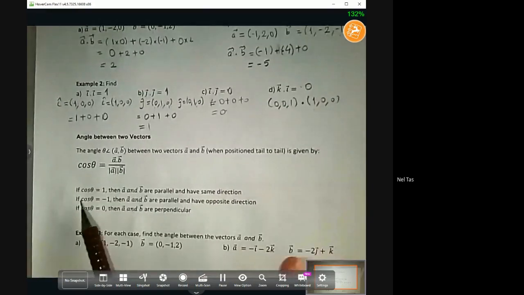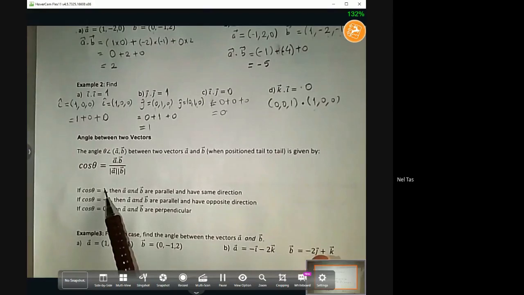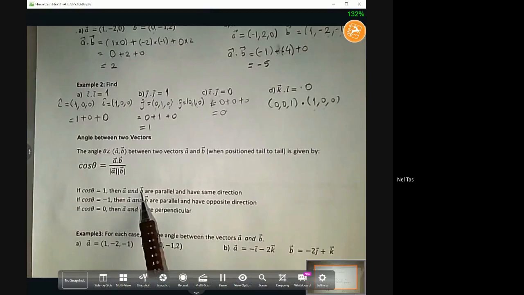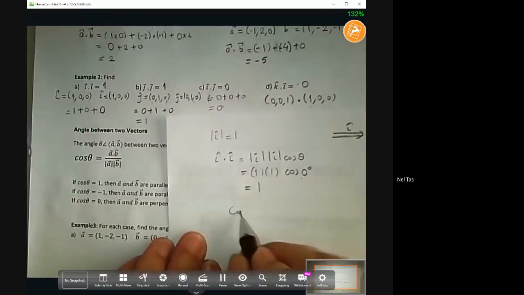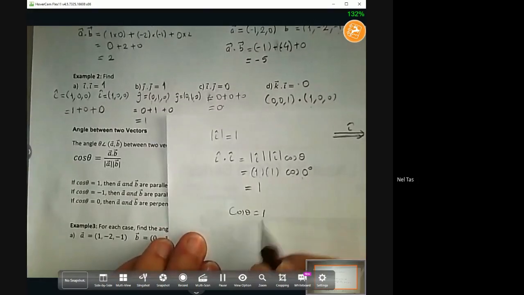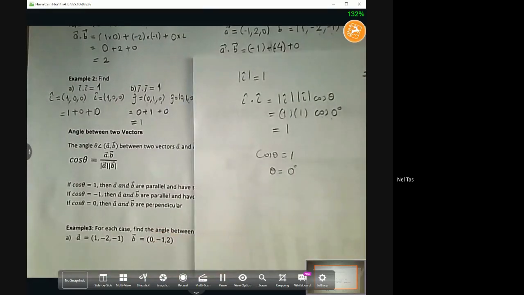So let's say you're calculating the angle and you end up with cos theta equals 1. So this means that A and B are parallel and have the same direction. And it should make sense, because if you have cos theta equals 1, then theta is either 0 degrees or 360. But when we are doing dot product, we always take an angle between 0 and 180.